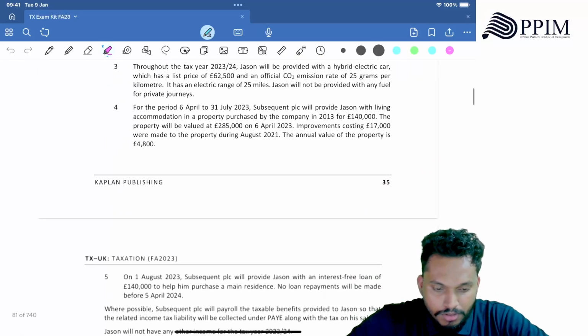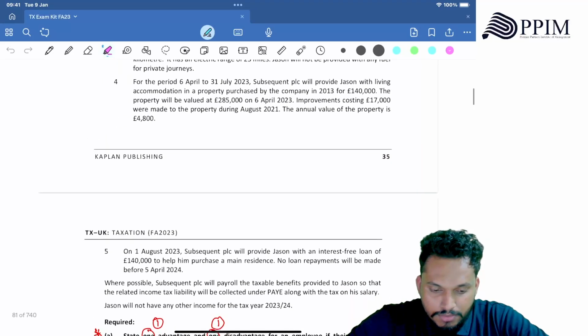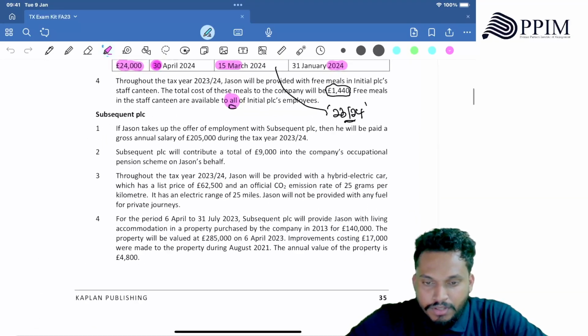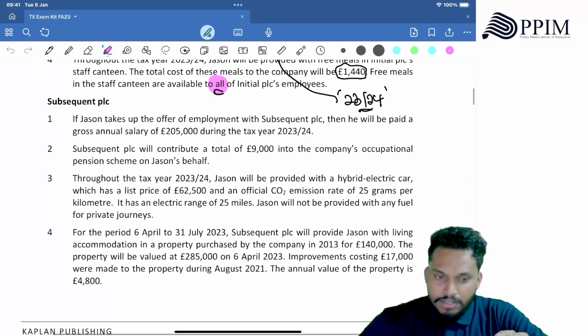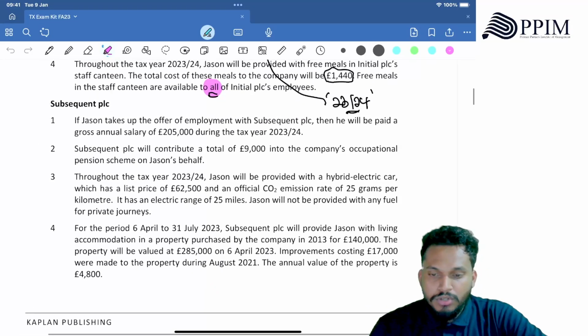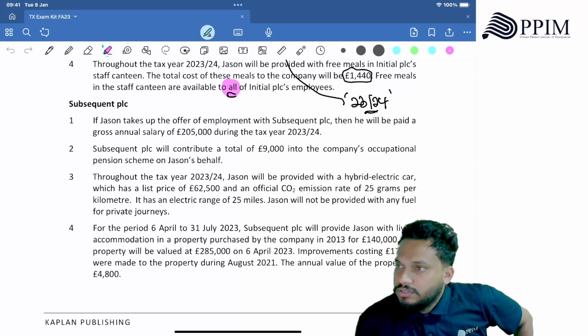Okay. So he's having, okay, fine. Can you all decide the level of income that he is going to get, and then we'll discuss together? Can you go through this?